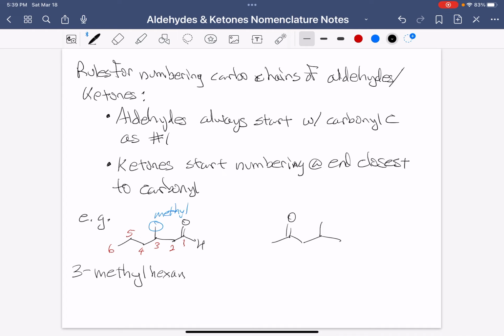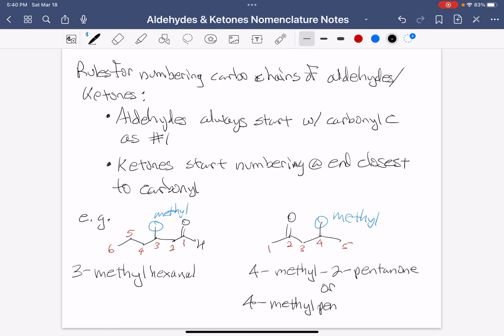Once again, I happen to have a methyl here. But now I would name this 4-methyl-2-pentanone. Or I could stick that 2 in between the pentan and the one and call it 4-methylpentan-2-one.